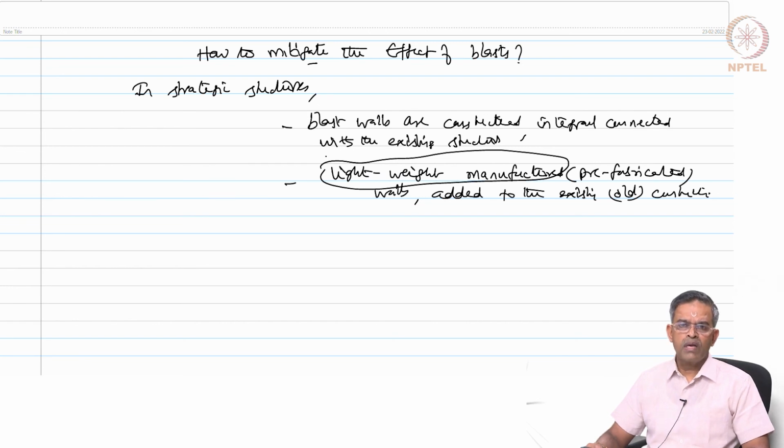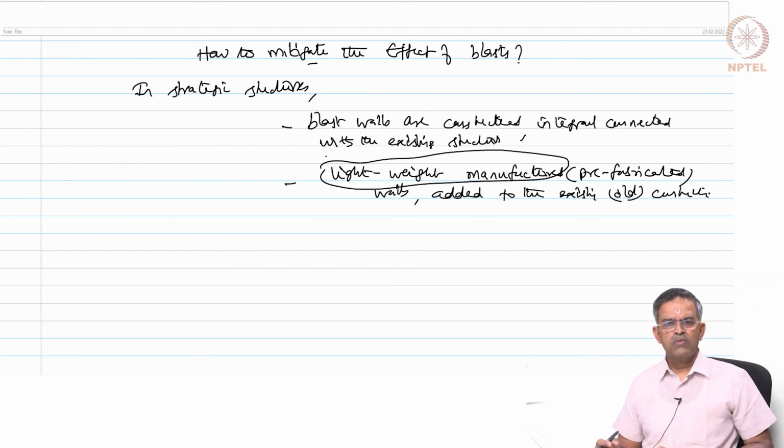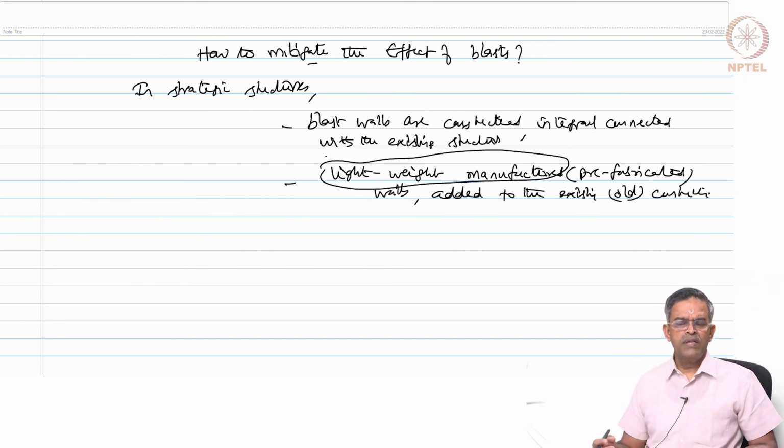So, generally people recommend trying to use lightweight units. Please understand, lightweight units does not mean we compromise strength against safety. It is only a partition wall which is added later to create a blast wall. The blast walls are generally constructed with lightweight but with strong integrity and strength.